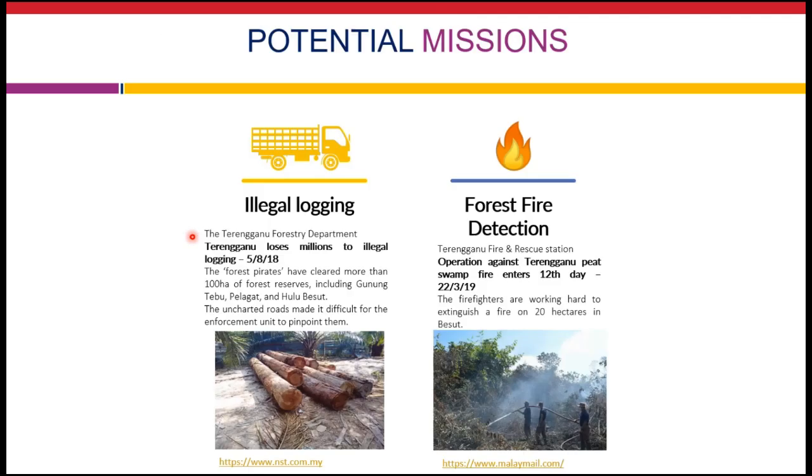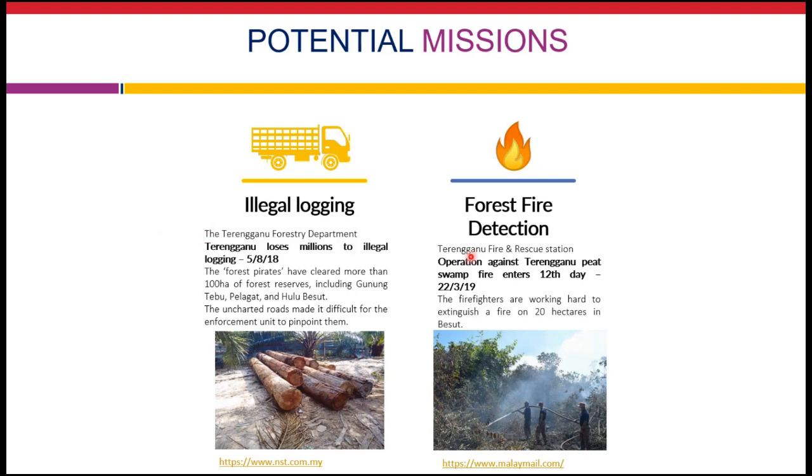So talking about CubeSat, I would like to share with you, everyone, the potential missions that we can offer from the application of imaging system. We can also use it for illegal logging.